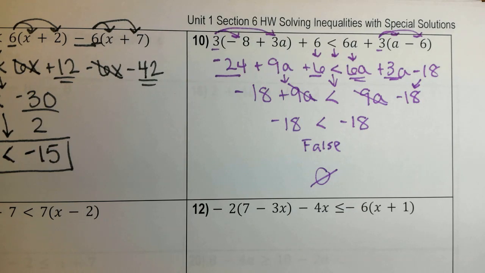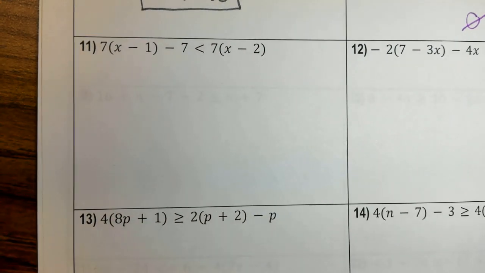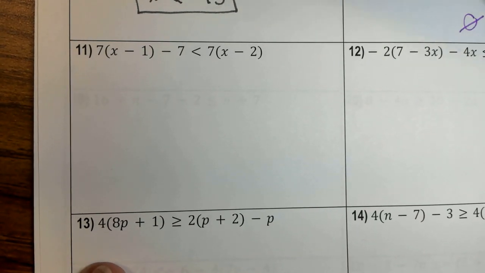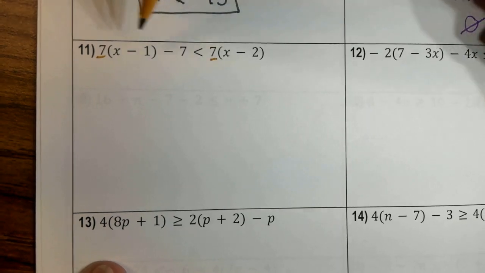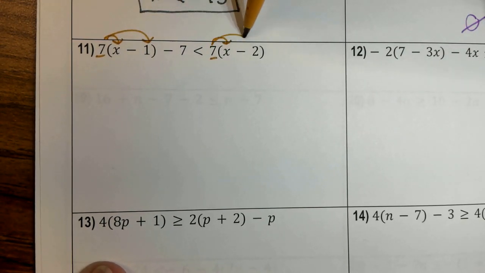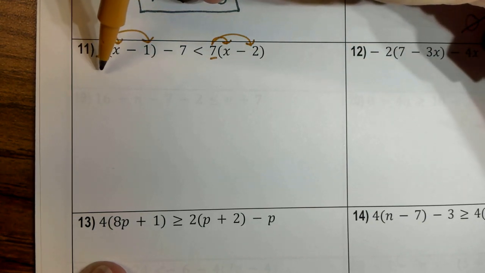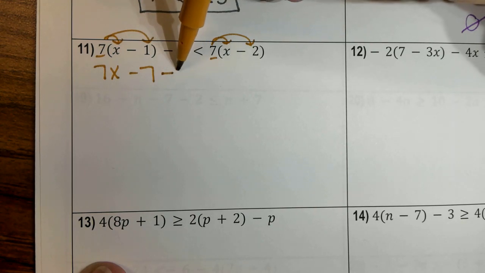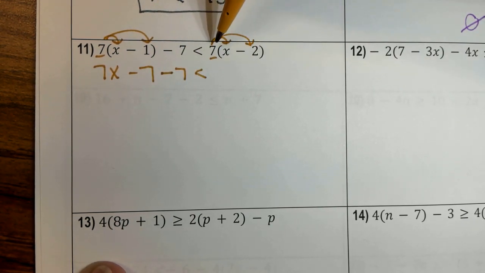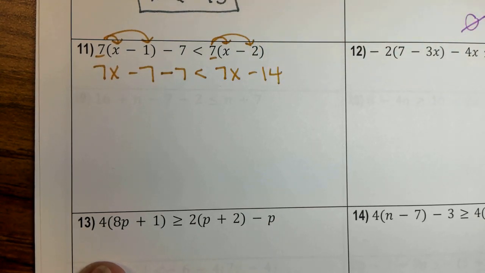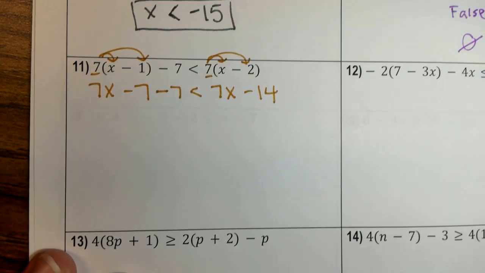All right, moving right along to number 11. I have two parentheses again, so I have to distribute, multiply, you know, that good old thing. So 7 times x, 7 times negative 1, bring that down, 7 times x, 7 times negative 2, okay.